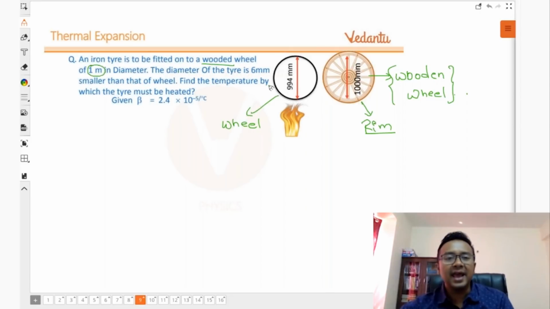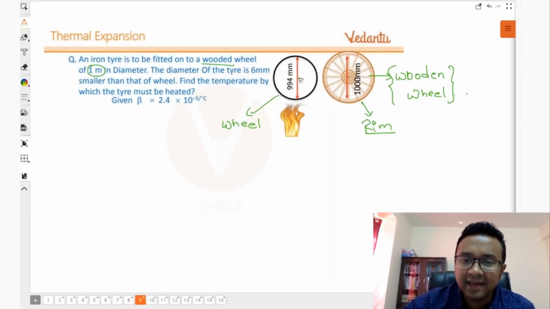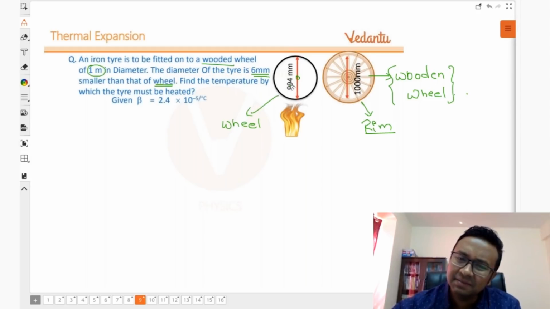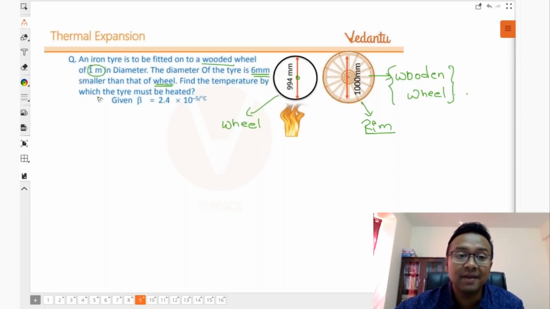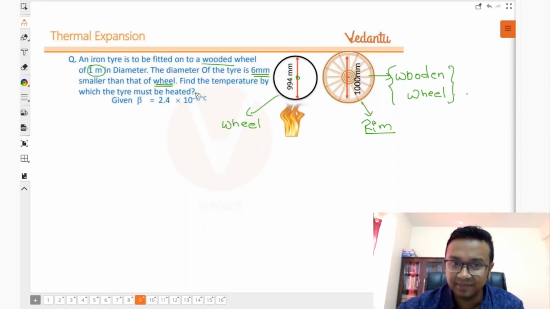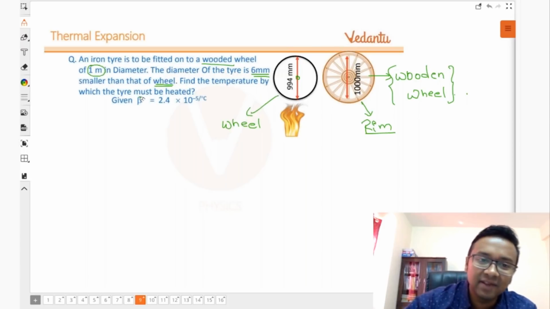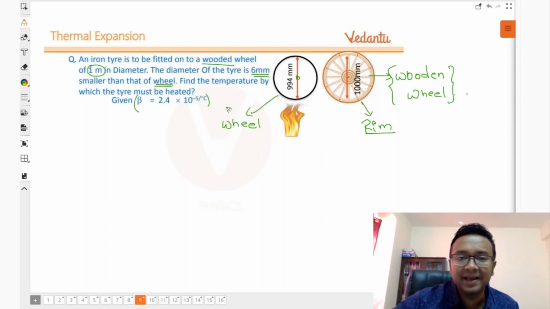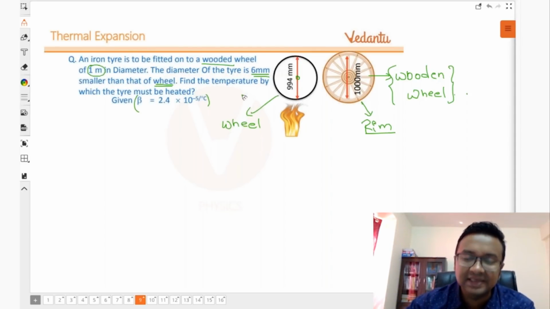The diameter of the tire is 6 millimeter smaller, so very simple, 994 millimeter. They want us to find the temperature by which the tire must be heated so that it can easily fit. They have given us the value of beta, which is equal to 2.4 into 10 to the power minus 5.